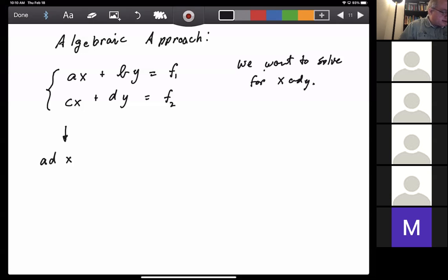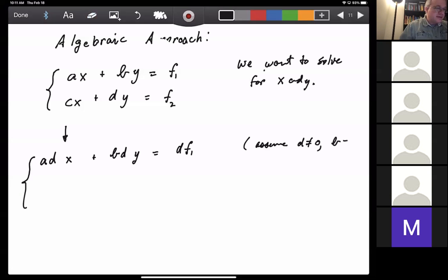ADX plus BDY. So multiply every term by D. So we're assuming D is not 0 when we do this. And let's multiply the second equation through by B. So if we do this, we're going to assume that B is not 0 as well.